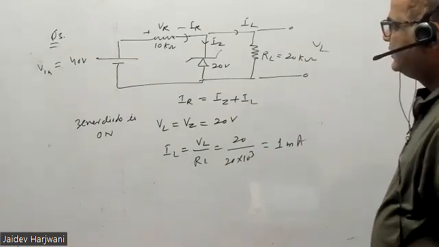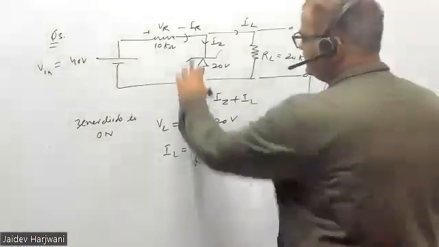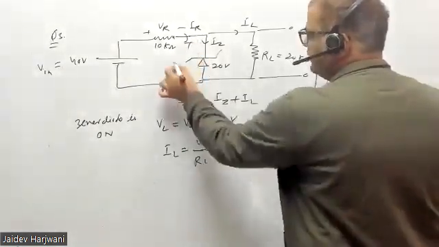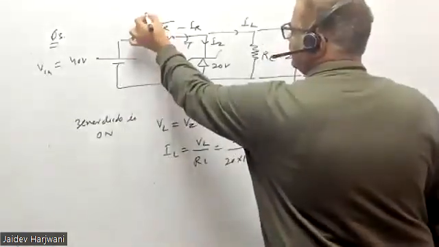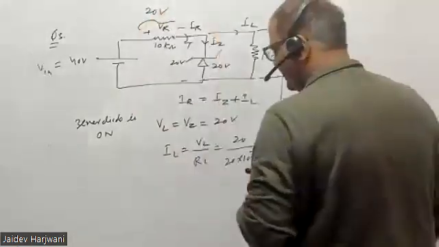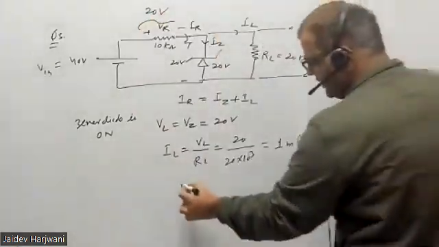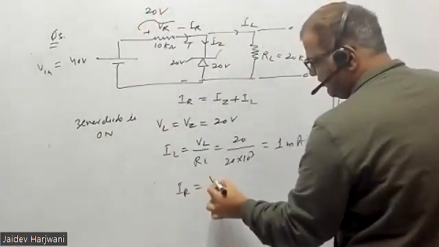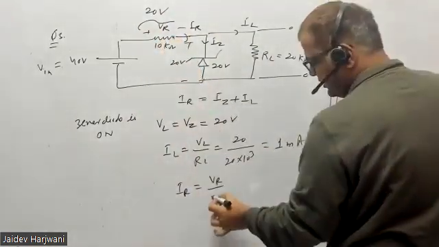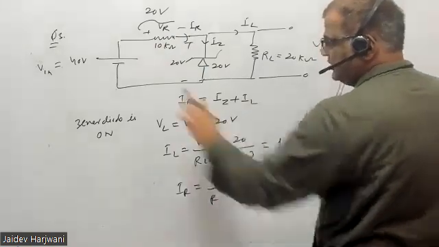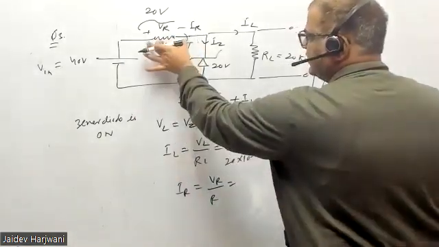Now you have to find here, this is on. That means here also voltage is 20 volt. This is 40, so the remaining 20 volts will come to VR. So you can find total IR. IR will be VR upon this R. Here this is 40, 20 go here, 20 comes here.